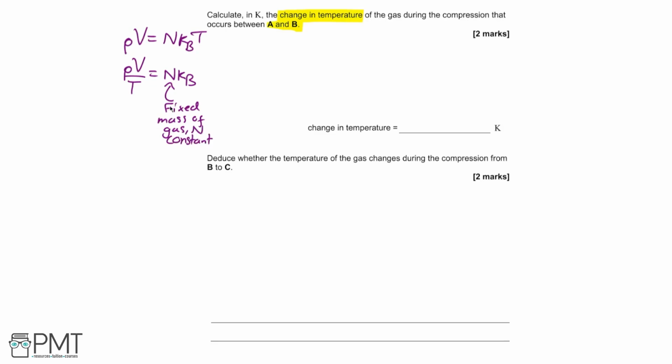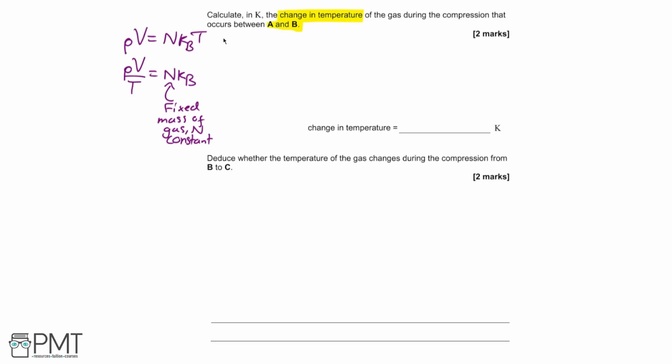What that means then is that I can write an equation that says that the pressure times the volume divided by the temperature at any time before a change is equal to the pressure times the volume divided by the temperature after the change.